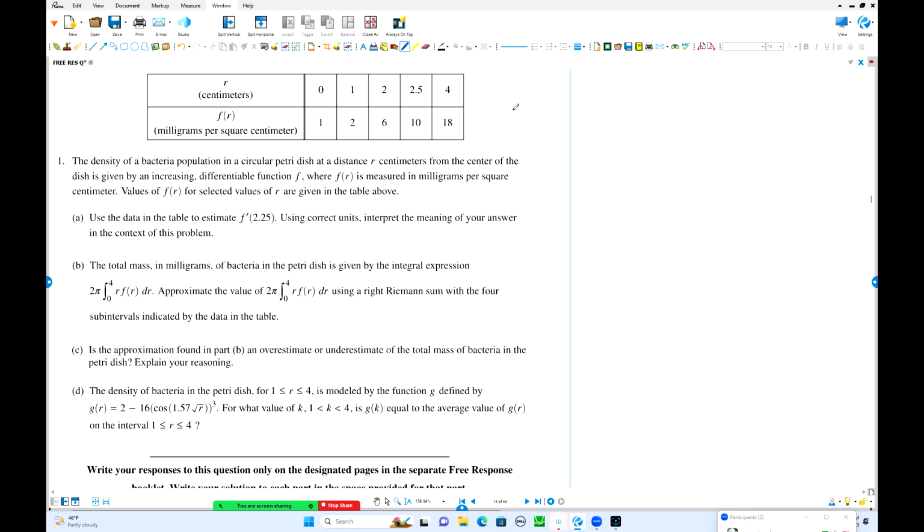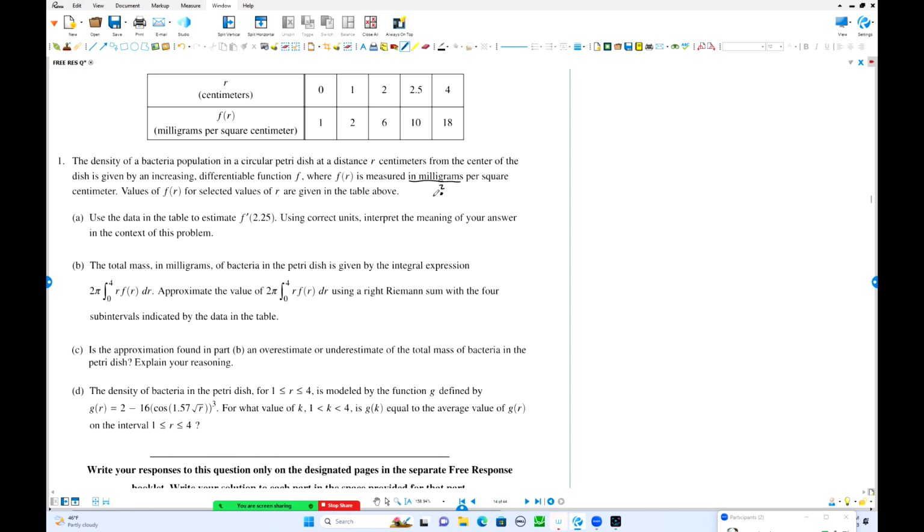It can be calculated in milligrams, which is a little weird anyway. That is not the number of bacteria, just milligrams per square centimeter. All right, we can do that.